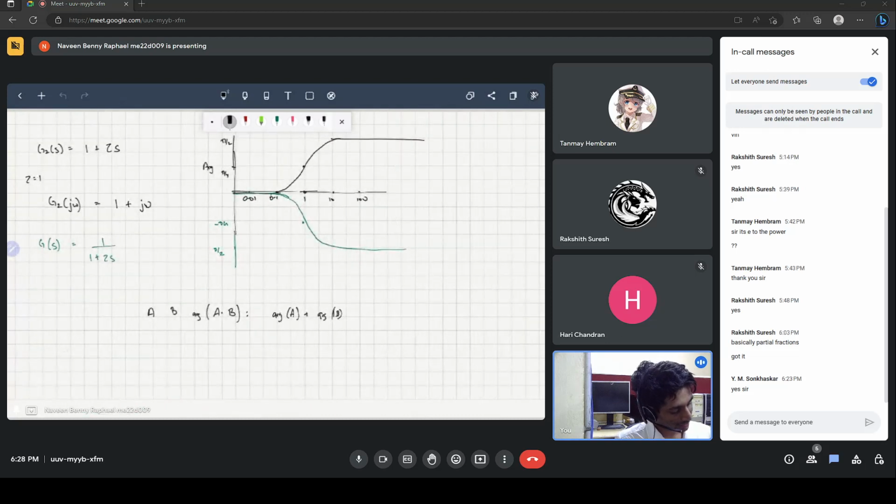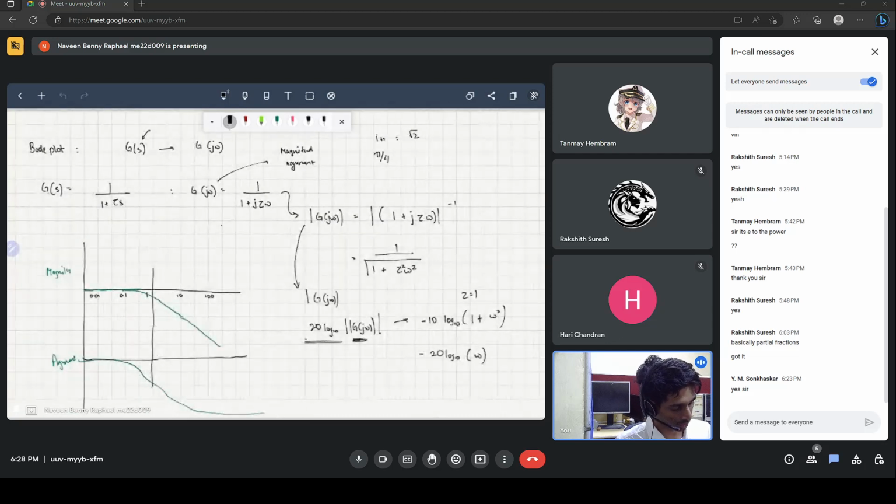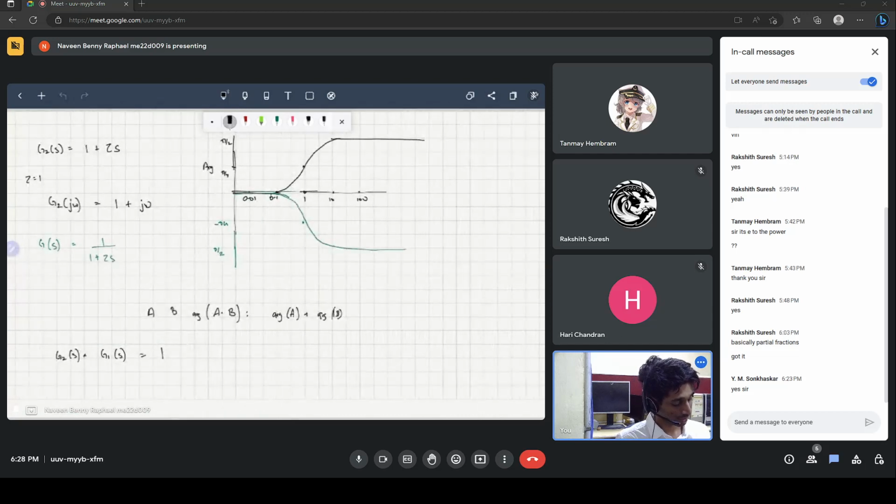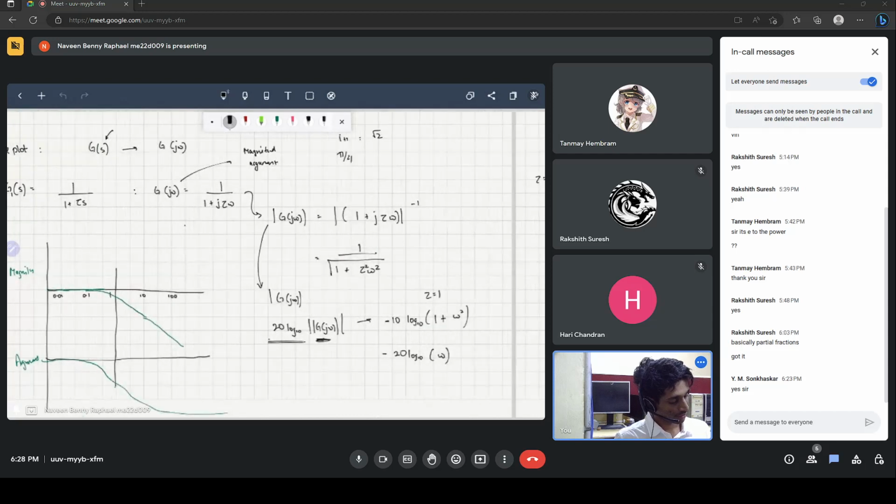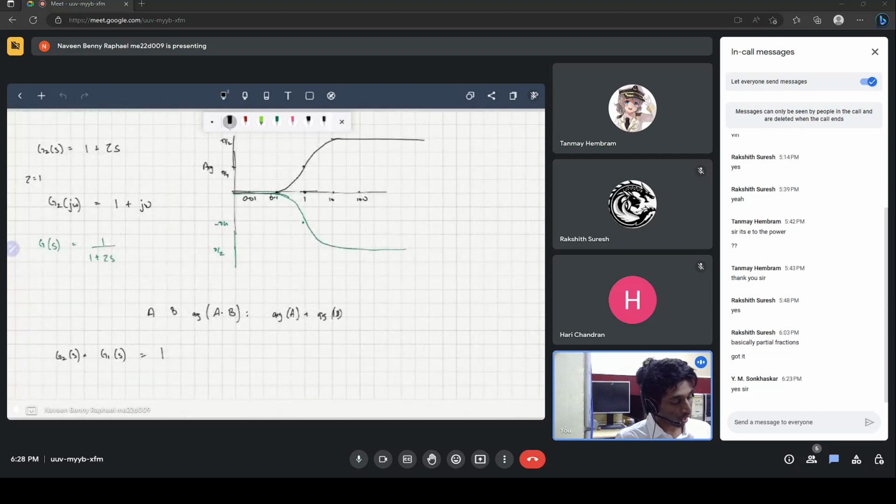Now we know that G2(s) multiplied by G1(s) is equal to 1, where this is G1. The argument of 1 is 0 for any value of s. We just found the argument of G2.